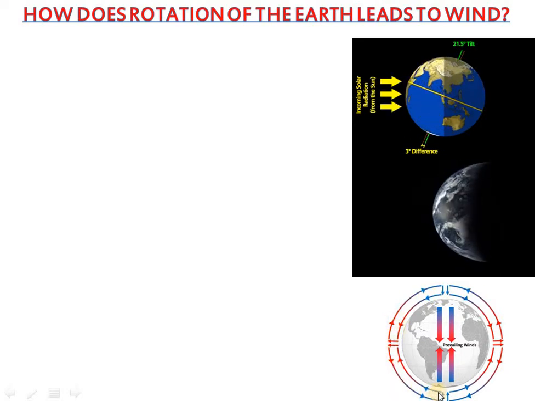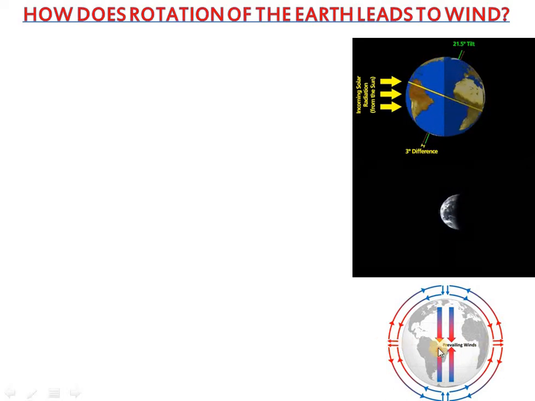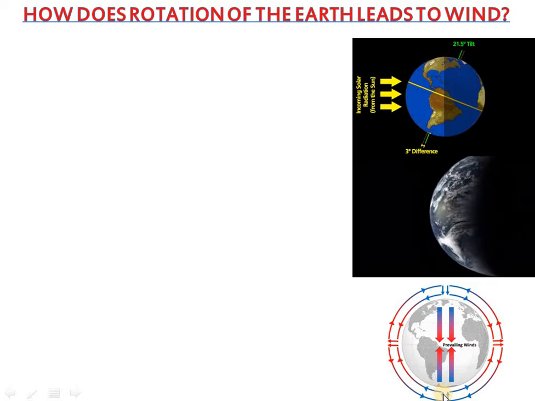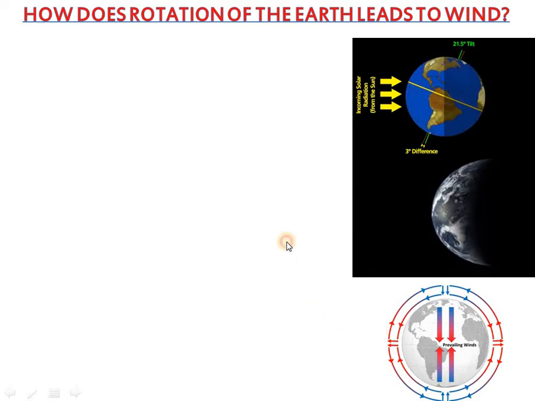Even in the southern hemisphere, hot air from the equator, the middle portion, moves towards the pole, and the cold air from the polar regions comes towards the equator. So there is a constant air current, a constant airflow northward and southward, and that maintains a constant wind flow.